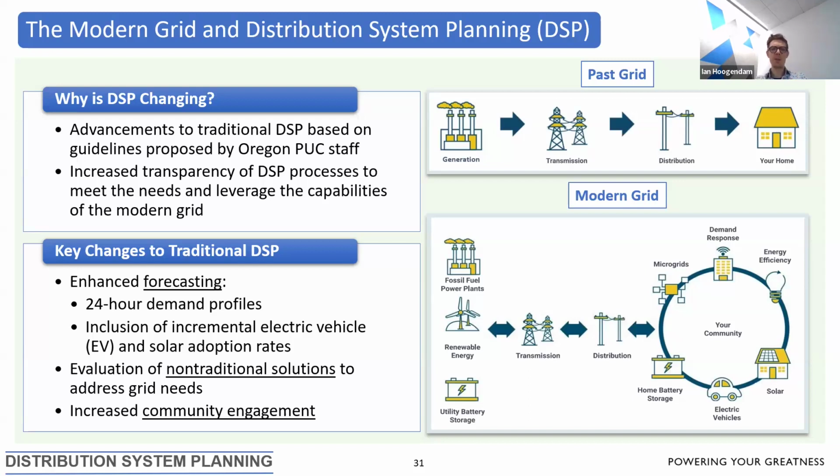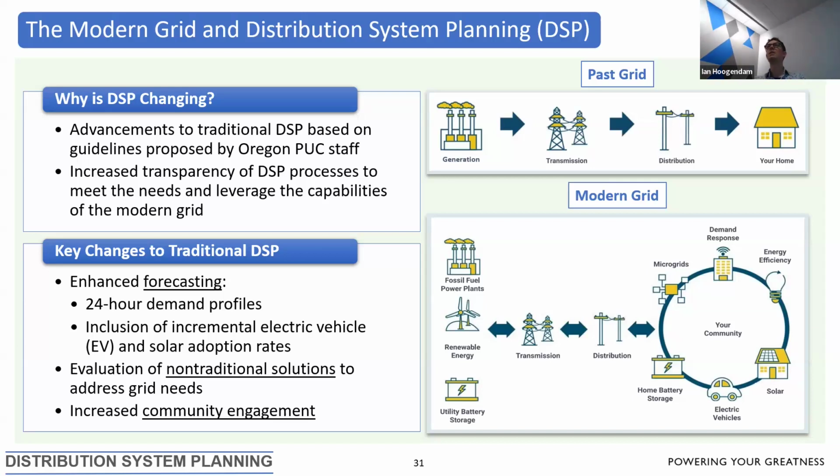So collaborating with communities is now essential in finding the most cost-effective and mutually beneficial solutions for both the communities and the utility. Non-traditional solutions require a more in-depth forecasting process to understand persistence of grid needs and the opportunities to leverage energy programs.